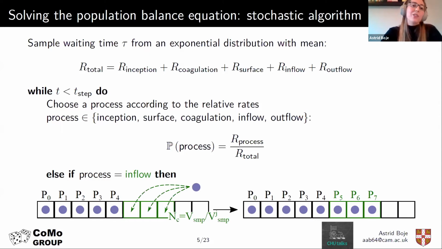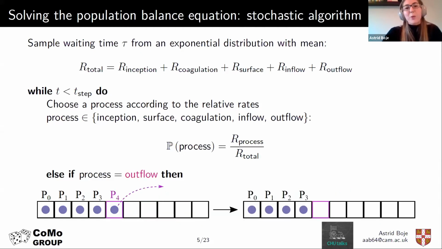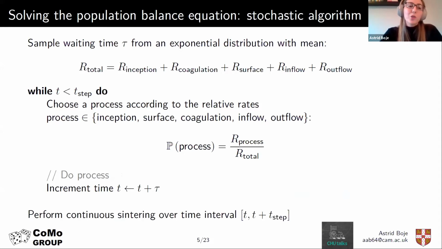Inflow obviously results in adding new particles into our system, and this can require some scaling if the number of particles that we have in the inflow stream is different to the number of particles in the system. And then finally, outflow, which is a process by which particles are removed from our system. So once we've done that process, we increment the time by this waiting time that we sampled, and we continue to do this for a given step size.